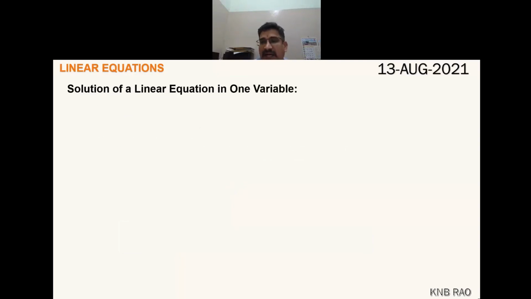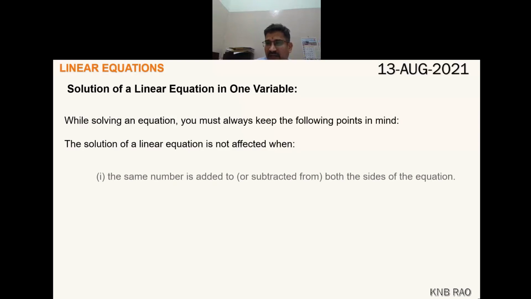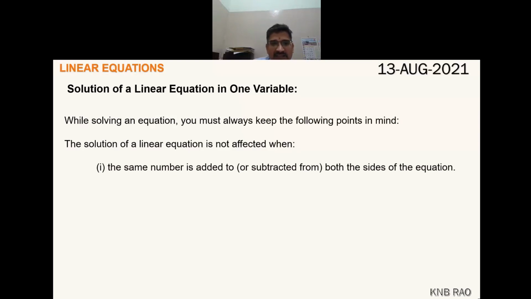How to solve any linear equation in one variable? Just to refresh your mind, while solving an equation, you must always keep the following points in mind. First point, the solution of a linear equation is not affected when we add the same quantity or subtract the same quantity on both sides.